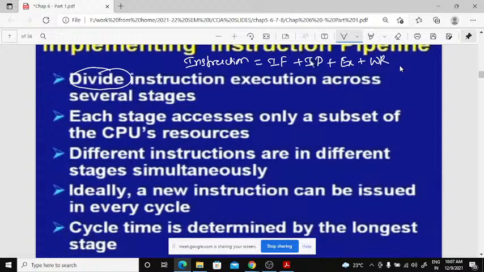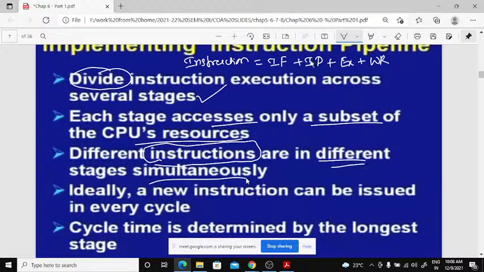Likewise it divides the instruction into several stages. Each stage accesses only a subset of the CPU resources. Different instructions are in different stages simultaneously.